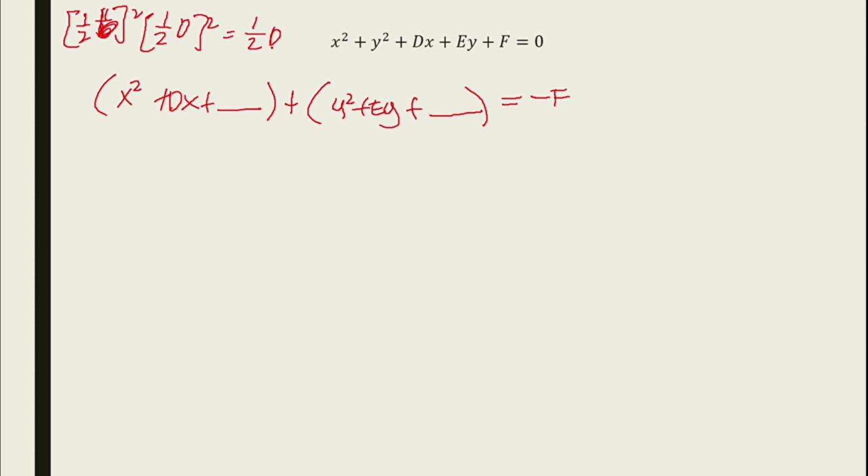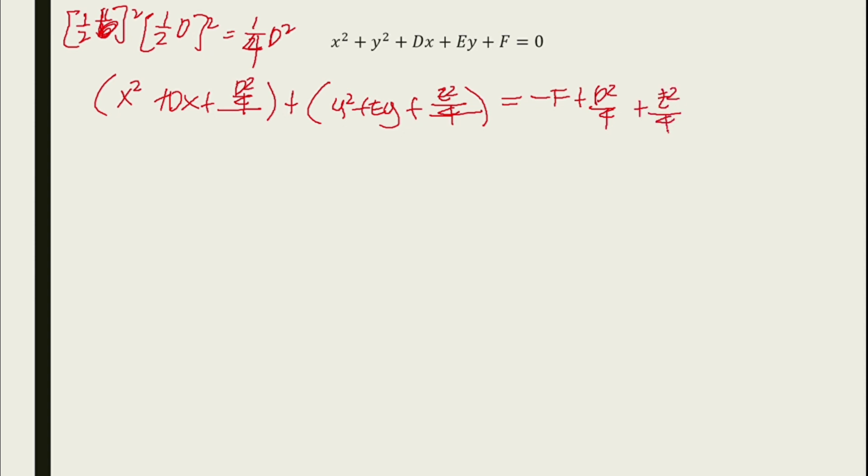We're going to add d squared over 4, and by the same process for e, e squared over 4. So we add d squared over 4 plus e squared over 4 to the right side.